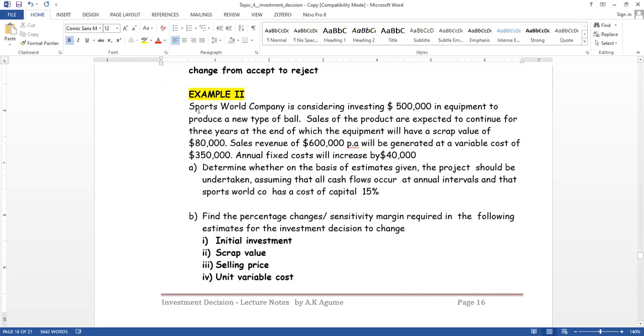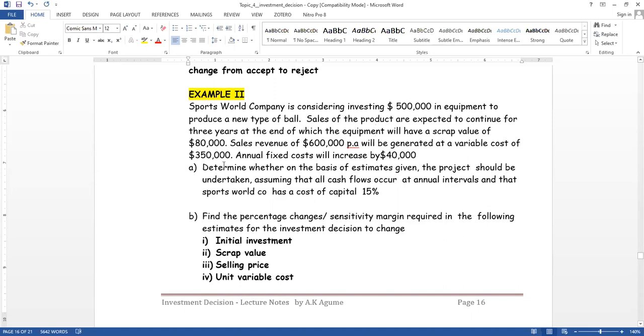So you do this. Sports World Company is considering investing 500 in equipment to produce a new type of ball. Sales of the product are expected to continue for 3 years, at the end of which the equipment will have a scrap value of 80,000. Sales revenue of 600,000 per annum will be generated at a variable cost of 350, and annual fixed costs will be 40,000.